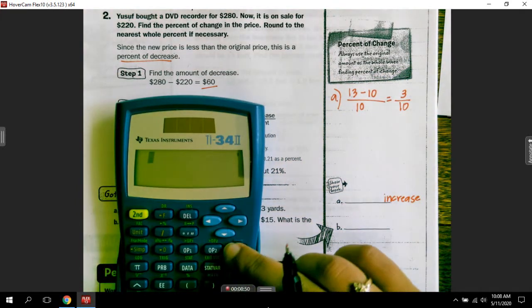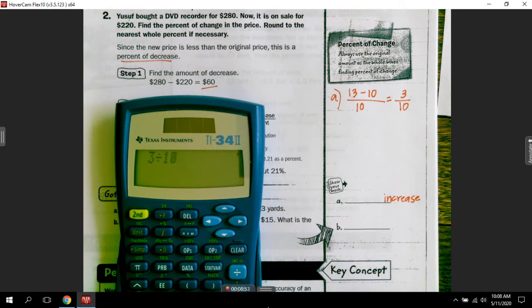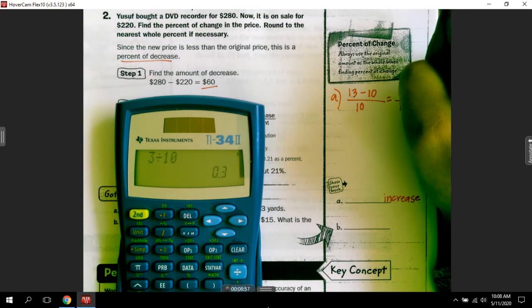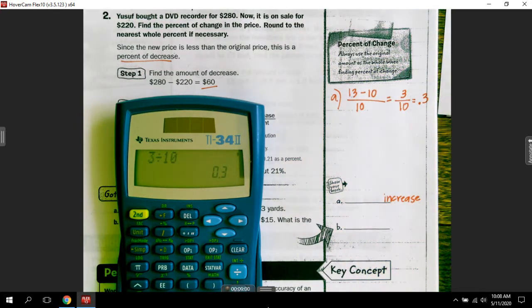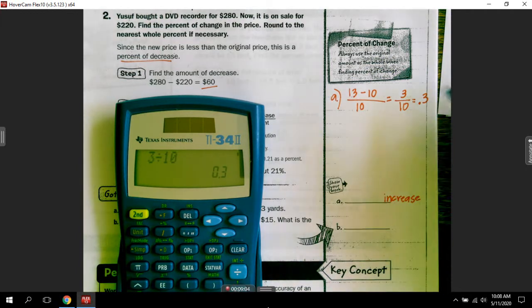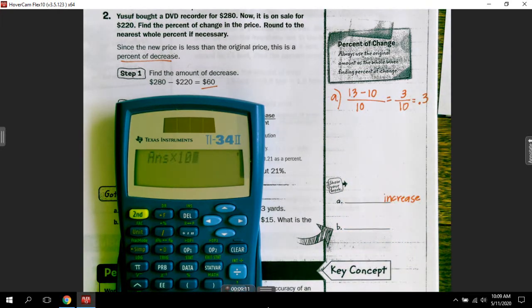It's going to give me a repeating decimal. Or no, sorry, 0.3. So that's 0.3. Well, you have to change that to a percent. So remember, either move the decimal place 2 places to the right. So if I move it 2 places, that means I have to add a 0. Or if you just hit times 100 in your calculator, that's going to be 30.